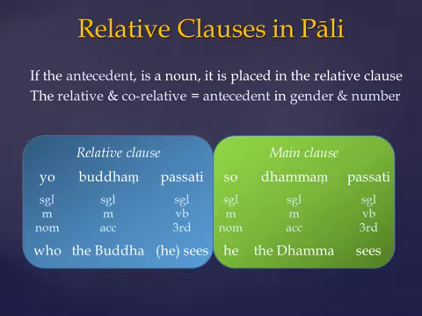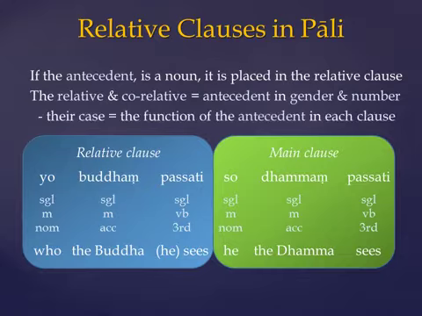But if there's no matching noun in the relative clause, then the correlative pronoun is used as the antecedent. Finally, the relative pronoun takes its case from the function it plays in the relative clause, whilst the correlative pronoun takes its case from the function it plays in the main clause.